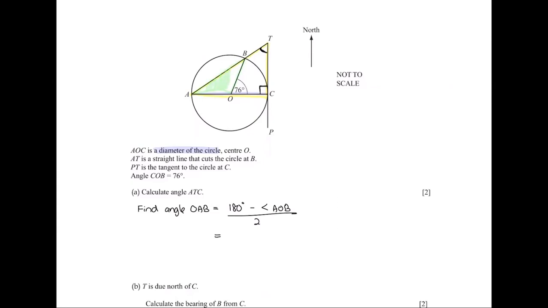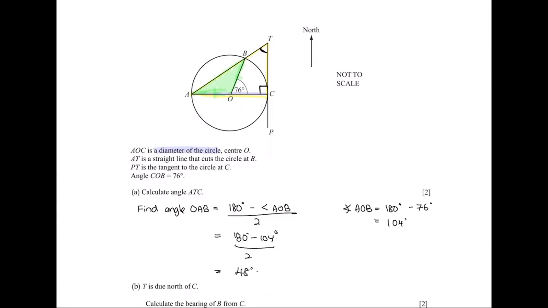The sides of this triangle are 2 radii. You see, this is a radius, this is a radius, so they have the same length. So I can say that. I don't have angle AOB, so I just need to find angle AOB: 180 minus 76 is 104. So 180 minus 104, which is 76, divided by 2, equals 38.